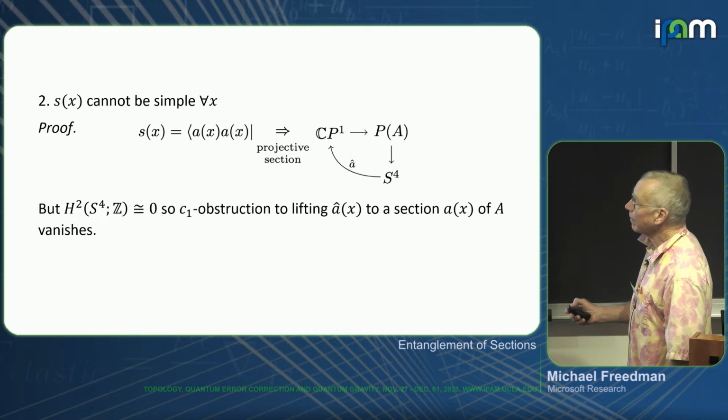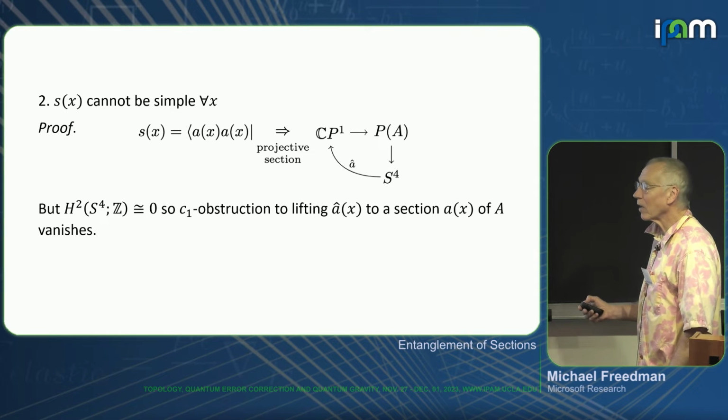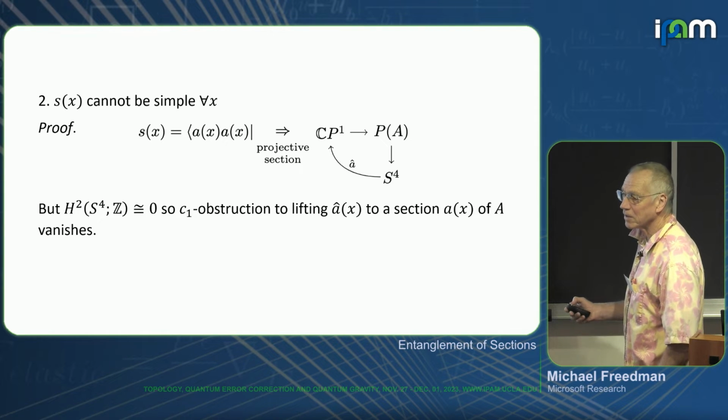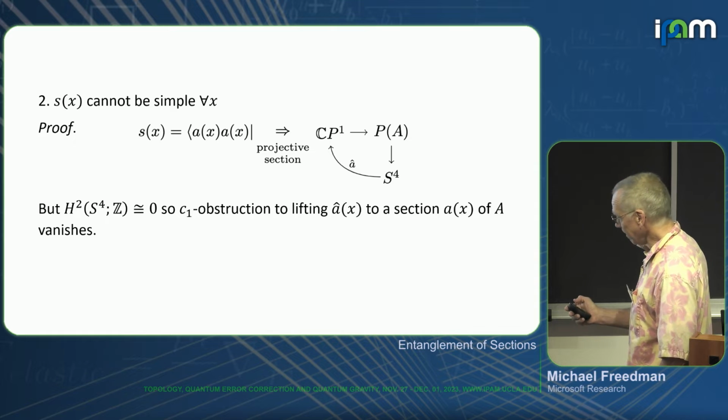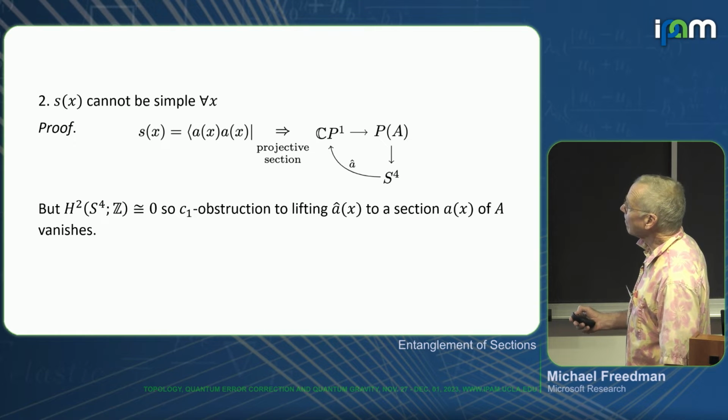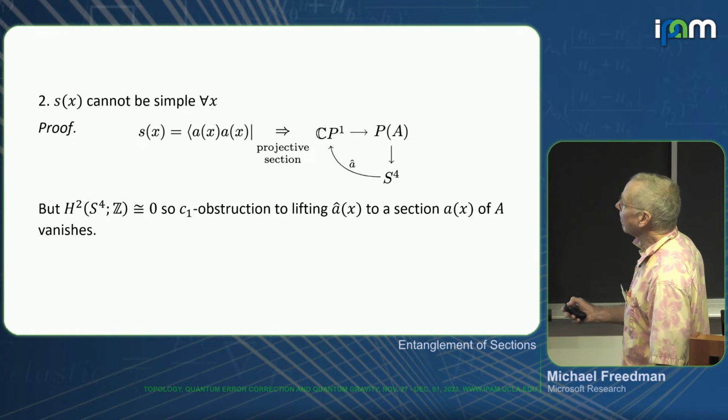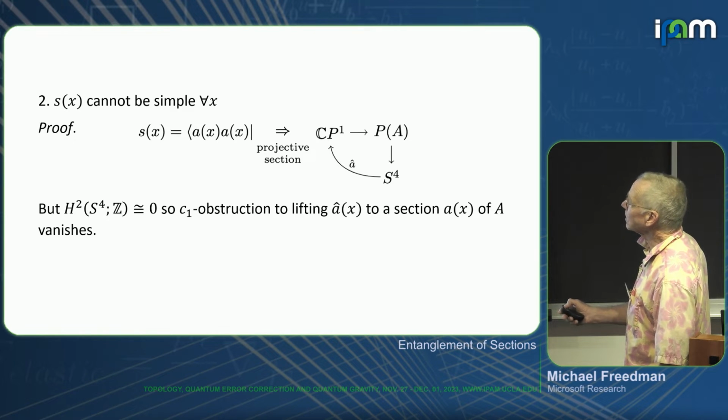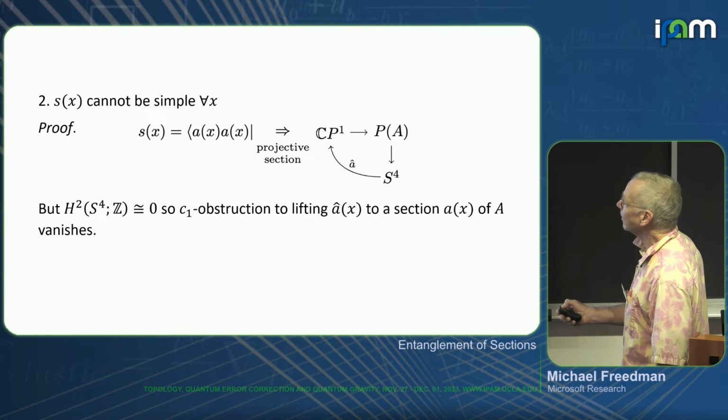So rank 1 would be another way of saying that. No plus signs in that previous formula. I'm using simple and rank 1 and unentangled as synonyms. So why is this? Well, if we had a section of the symmetric bundle, then of course it can be written this way, because it's symmetric.